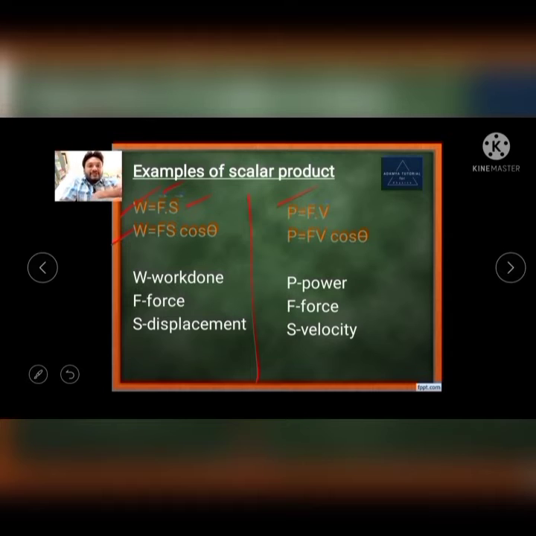If you calculate the dot product between force and displacement vector, you will get Fs cos theta, which is the work done, a scalar quantity. That is why the result of scalar product or dot product between any two given vectors will be a scalar quantity.